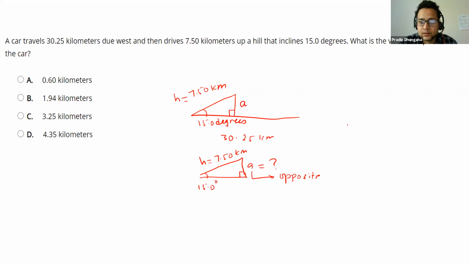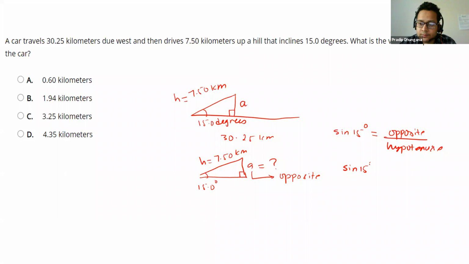That means sine of 15 degrees is opposite over hypotenuse. Let's write all those values.